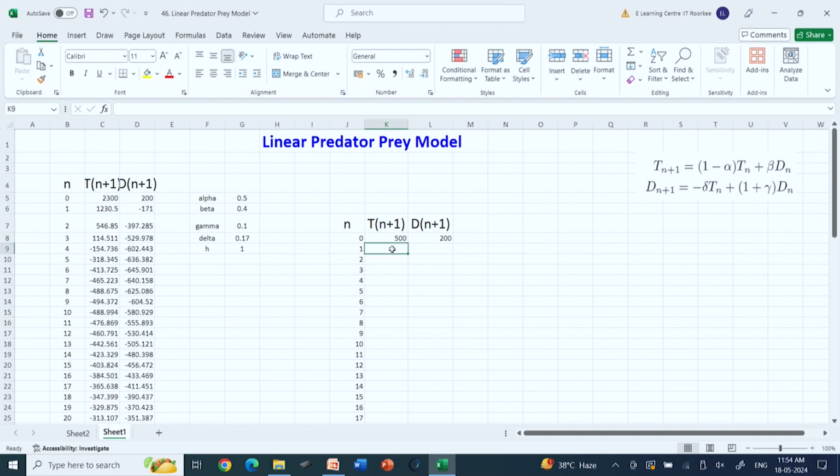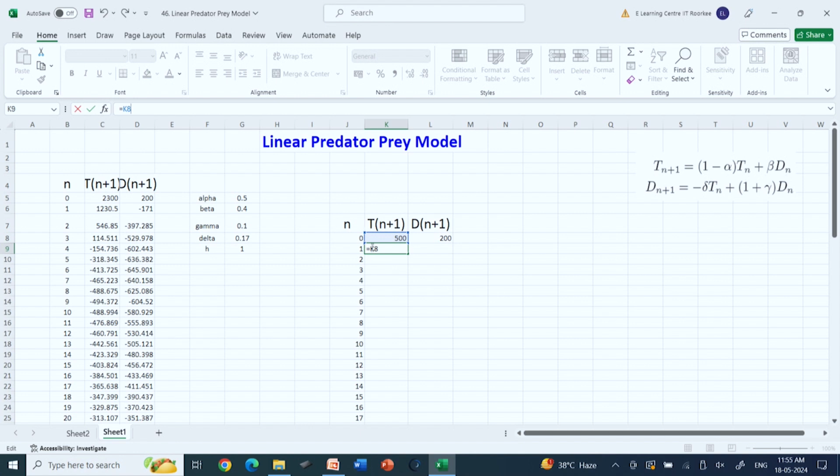And this is equal to say T0, which is this. So if you look into this equation, it is T(n+1). If I put n equal to 0, this is T1 = T0 - alpha T0 + beta D0.